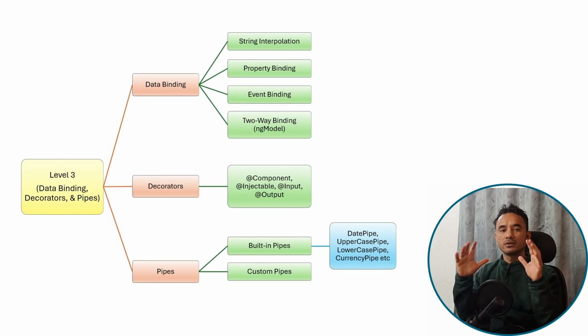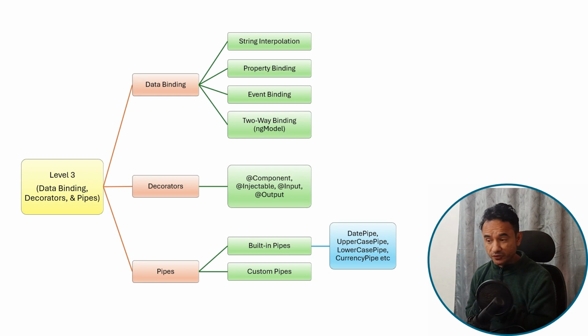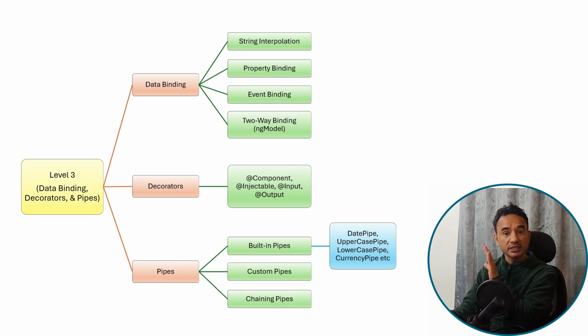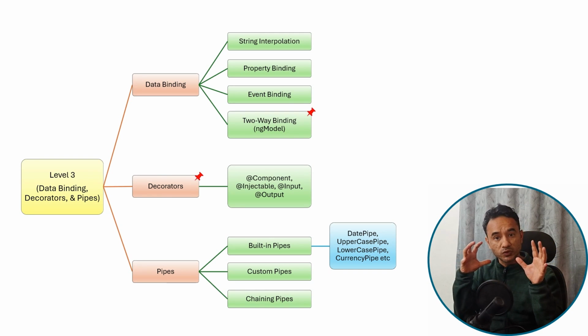Okay, finally, once you are confident with these concepts, then if you get some time, optionally you can explore chaining pipes in Angular. Okay, so here from interview point of view, this two-way binding and the decorators are super important. Okay, so make sure you have a solid understanding of these two concepts.